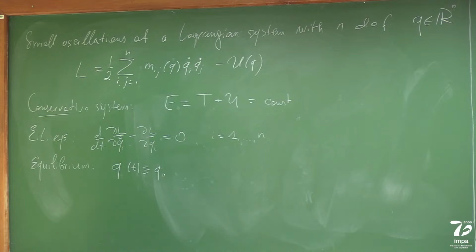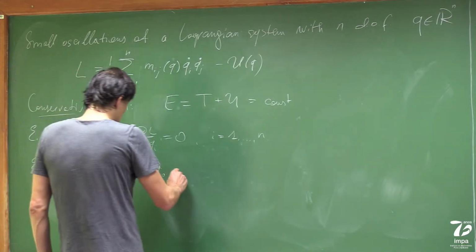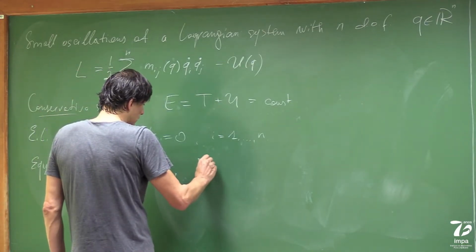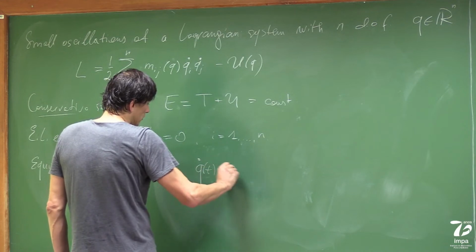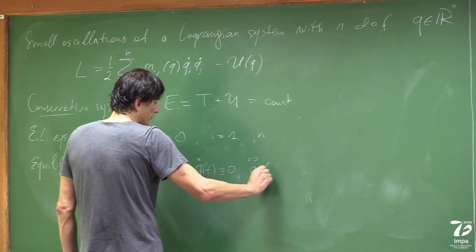So the system does not move. So all coordinates remain constant. In this case, obviously, derivatives are 0, first and second.